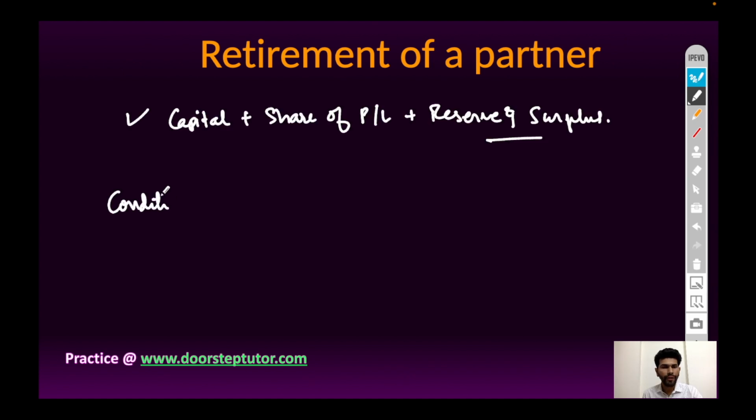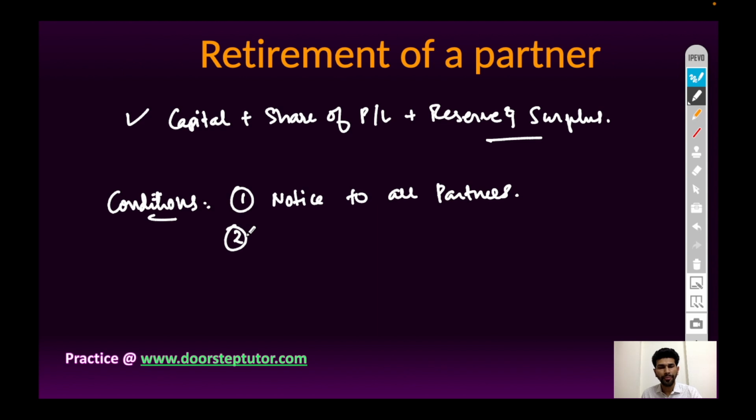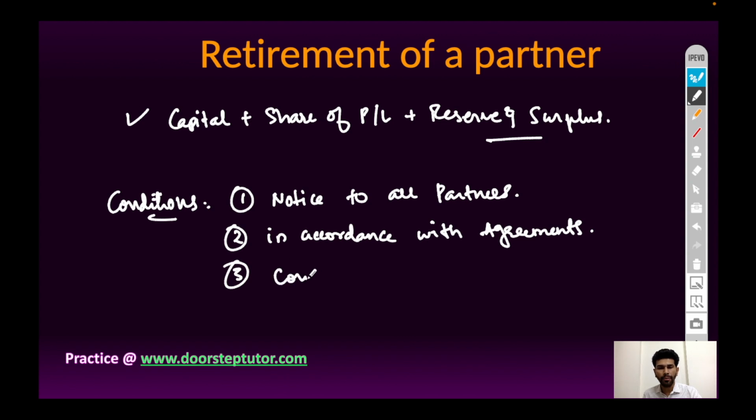Conditions of retirement. First point, he has to provide notice to all the remaining partners, at least 14 days notice, or he can retire as per the agreement among partners and with the consent of all the partners.